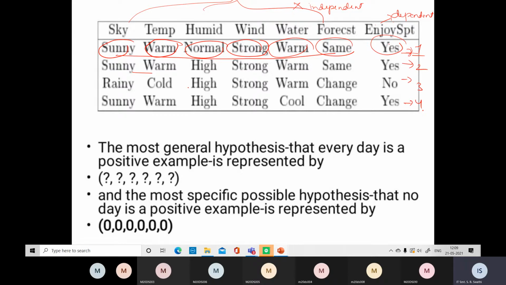Now we are talking about the generalized hypothesis. Once you get the training data and the dependent and independent data, we get some sort of conclusions or hypothesis for a given database. After that, we have to generate a general hypothesis. The conclusion you have drawn should not be limited to the attributes.